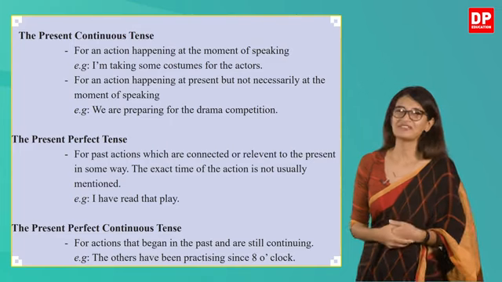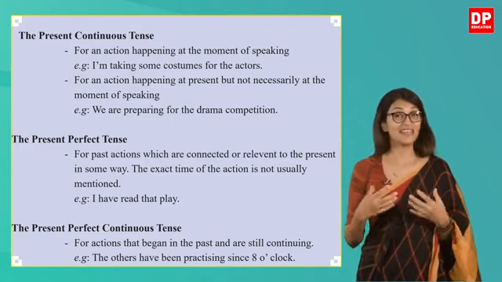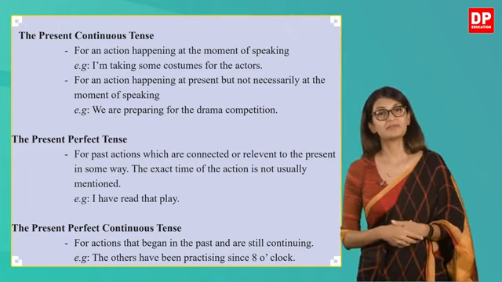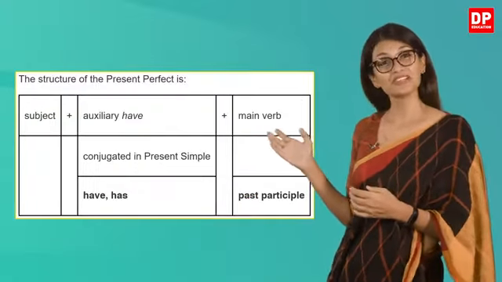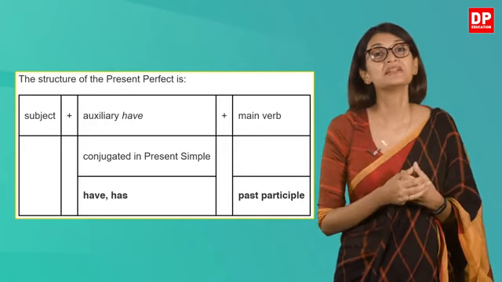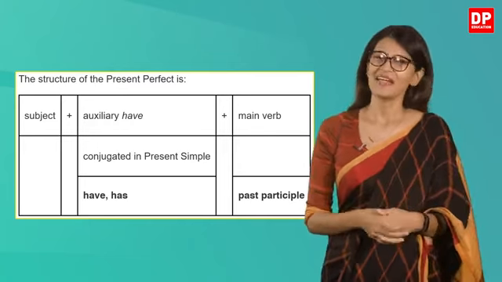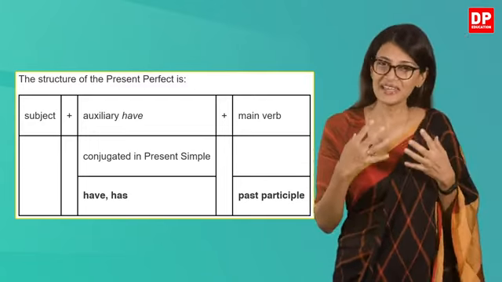To make it easier for you, I will first explain the structure of this tense, and later on I shall examine the uses of the present perfect tense. The structure of the present perfect tense is subject plus conjugated present simple plus the main verb in the past participle. That may sound a bit heavy and difficult to understand, so let me simplify it further for you.